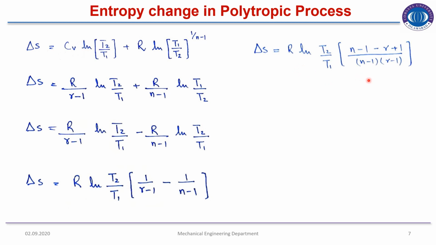In the fifth step we have taken the LCM of n minus 1 and gamma minus 1 and simplified the equation, so the 1s cancel out, and in the numerator n minus gamma is left, whereas in the denominator we have n minus 1 and gamma minus 1.